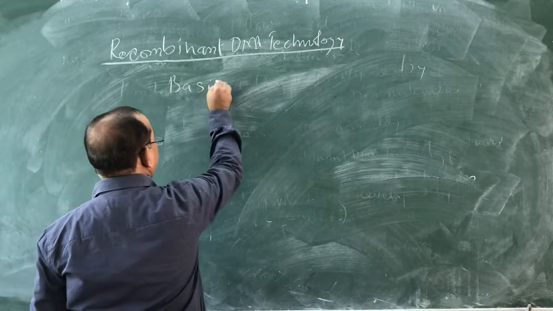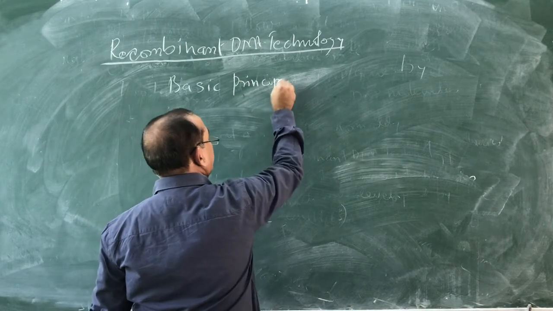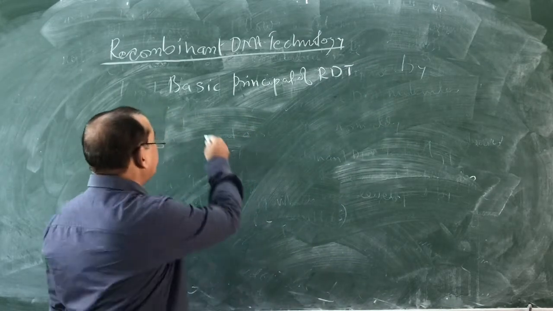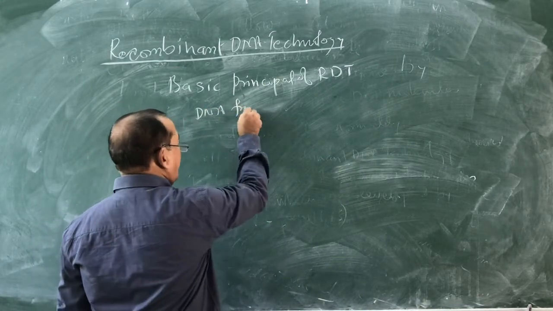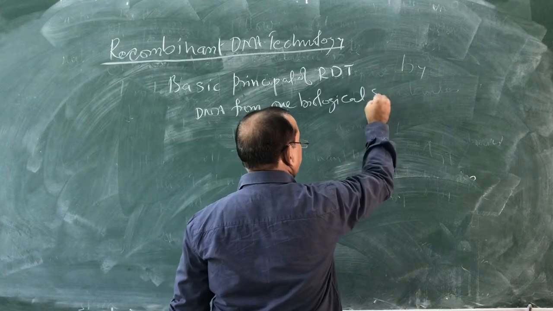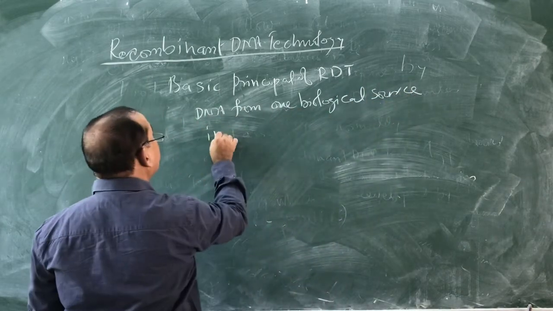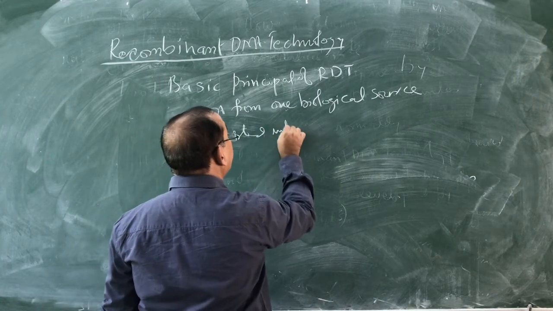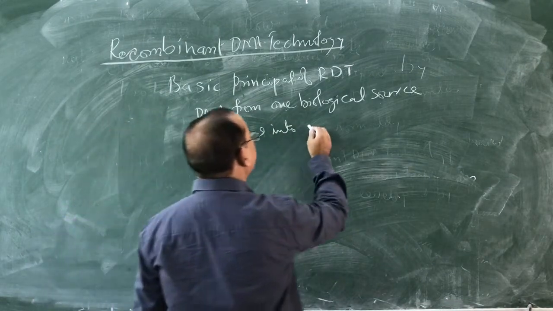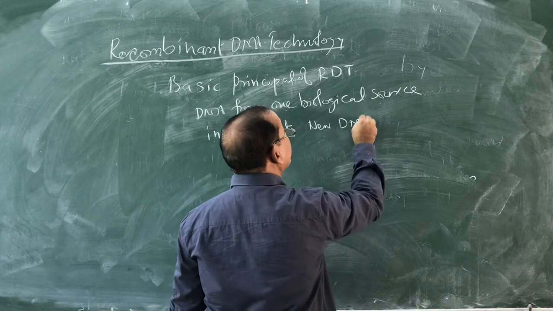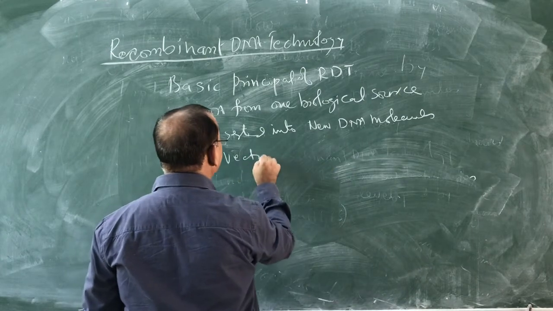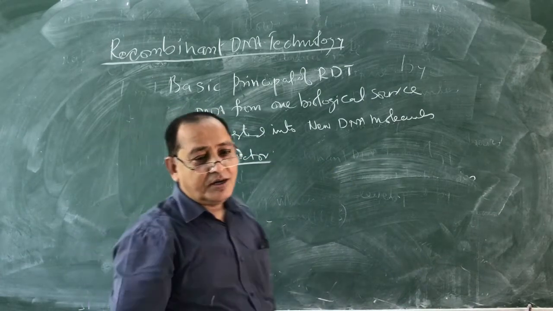Basic principle of recombinant DNA technology means DNA from one biological source is inserted into new DNA molecules, which may be called vector.